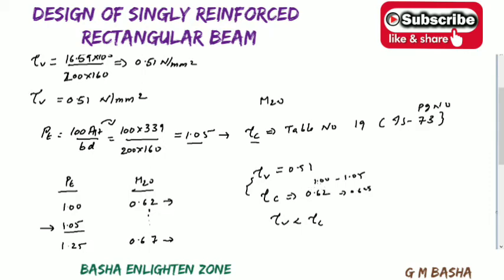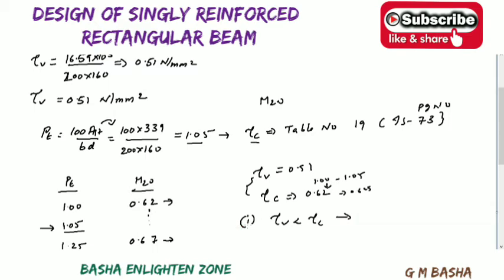Sometimes your tau v value will be some 0.63. At that time we don't know whether 1.05 comes below or above tau c, and at that time you calculate. So here I think there is no need to calculate this tau c. Why? Because for 1 itself it will be lesser, and for 1.05 it will almost certainly be less. Therefore here the condition will be tau v less than tau c. So that is our condition.